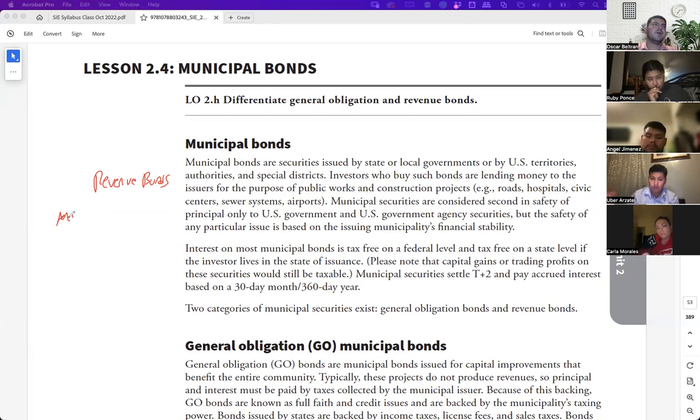Yeah, there it is. General obligation bond. Okay, so one of these is going to require voter approval for funding. The other one is based literally off revenue. It's like toll booths and that kind of stuff. Let's keep going down.